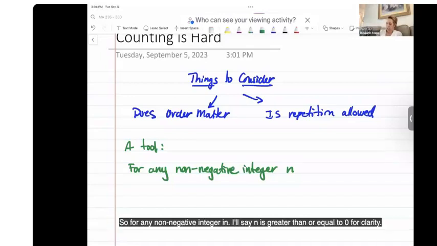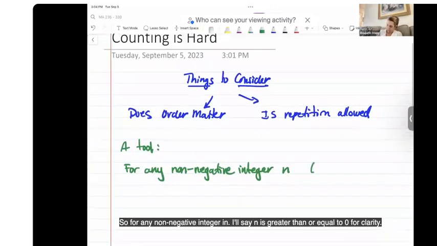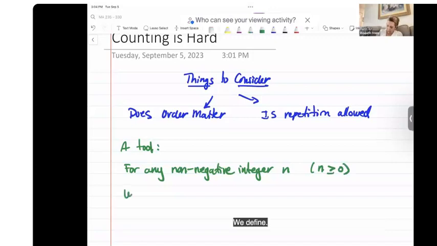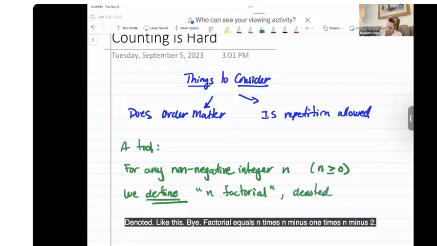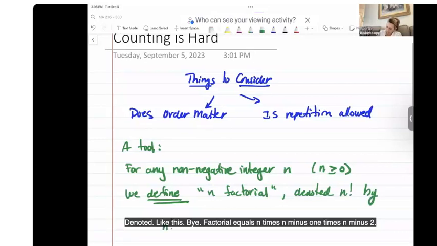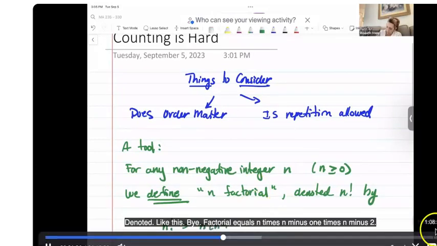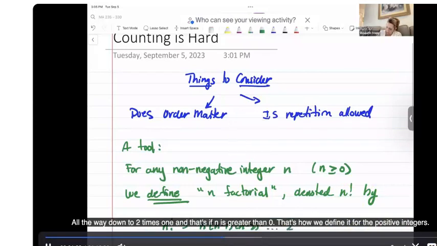So for any non-negative integer n, I'll say n is greater than or equal to 0 for clarity, we define n factorial, denoted like this, by n factorial equals n times n minus 1 times n minus 2 all the way down to 2 times 1.